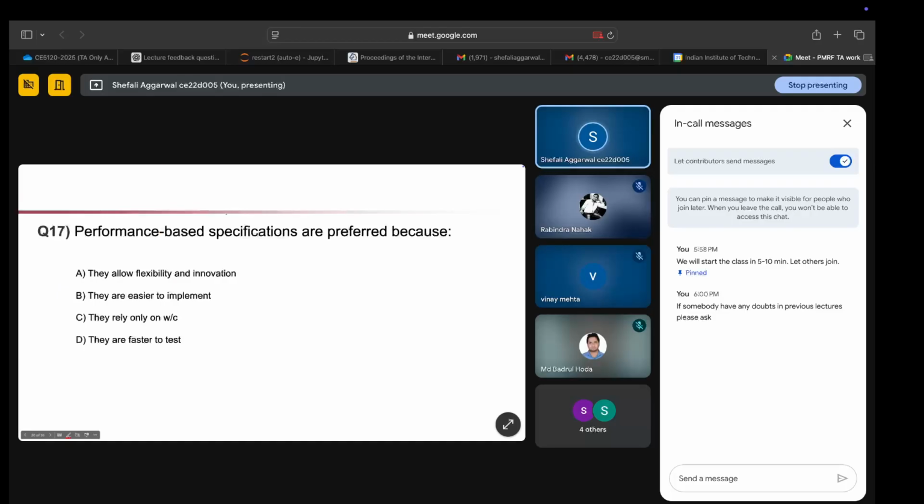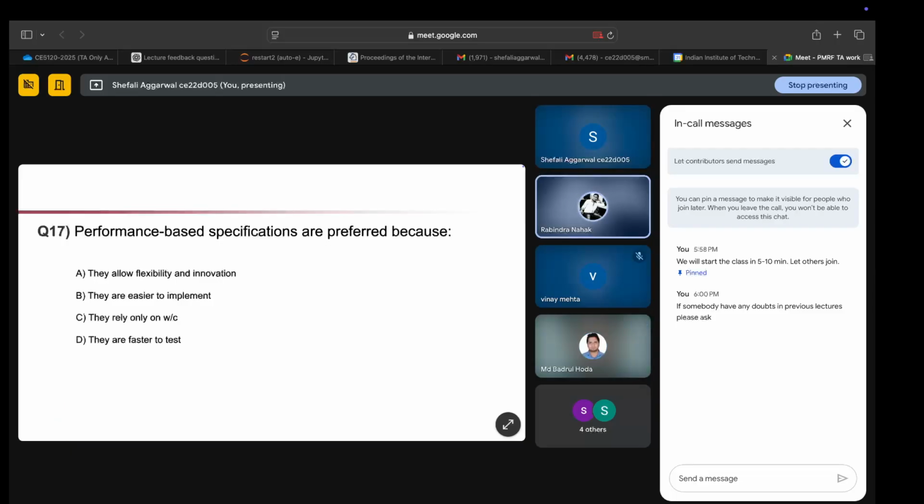Next question is, performance based specifications are preferred because they allow flexibility and innovation, they are easier to implement, they rely only on water cement ratio, or they are faster to test. Any idea?